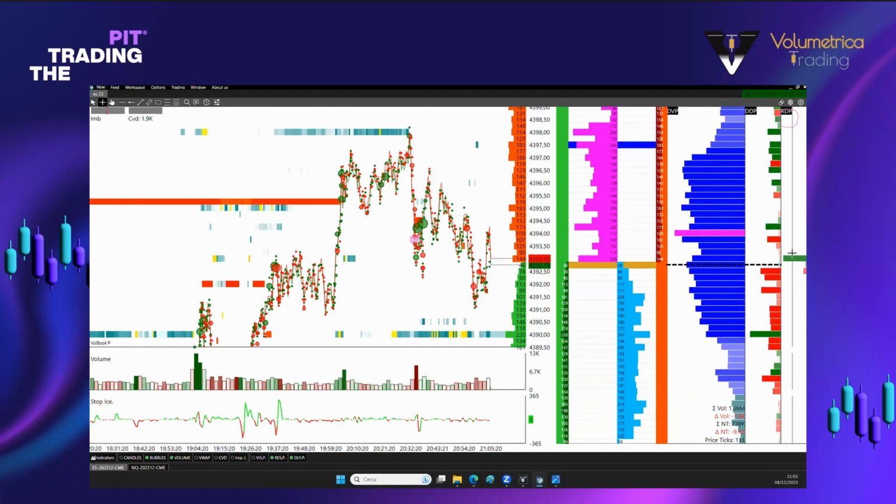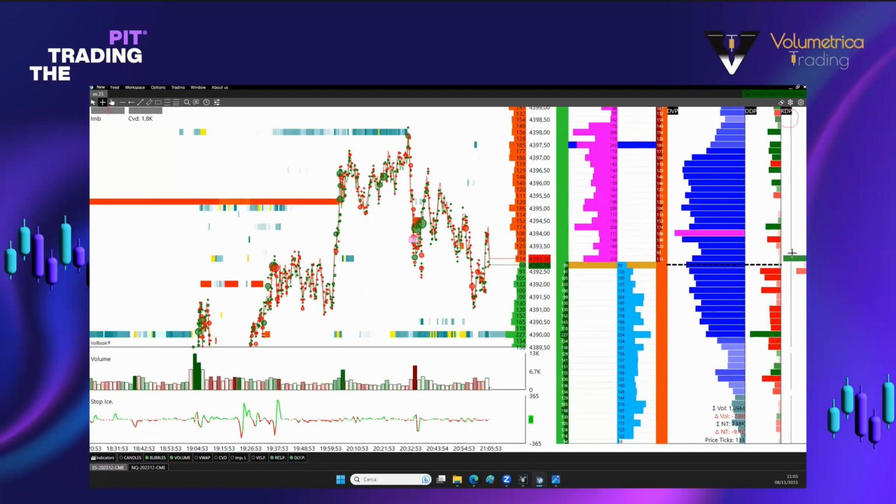If you want to look at a specific price range and the way delta was interacting throughout that small range, I find this very, very useful for scalping, for example.